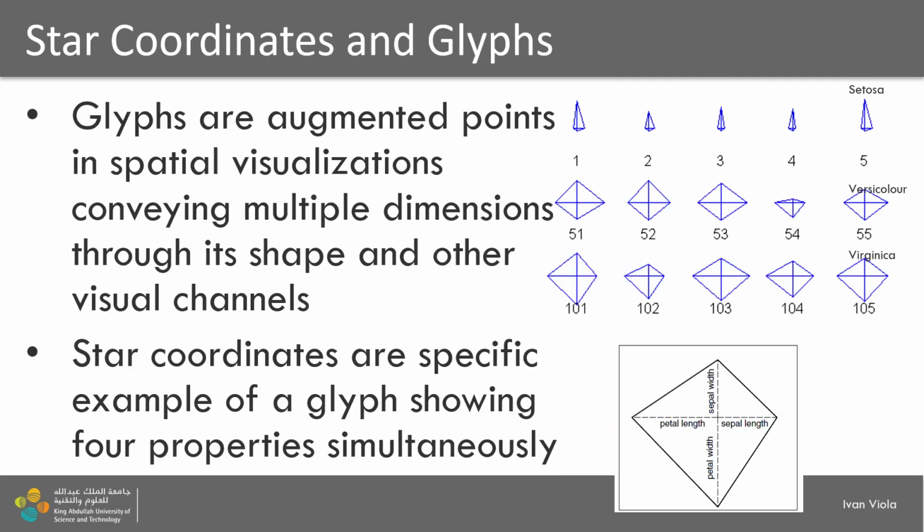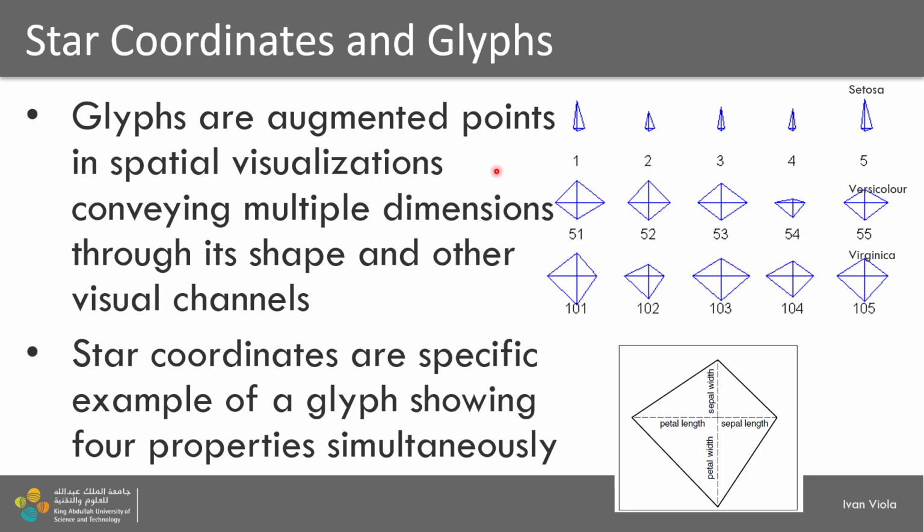The last visualization metaphor is also suitable for high dimensions, or at least multiple dimensions, and it is generally known in the visualization literature under the term glyphs. Glyphs are a multidimensional encoding of points, so augmented points, often in spatial visualization, where each point will be encoding some kind of pattern.